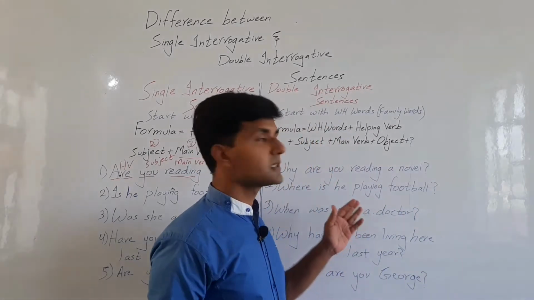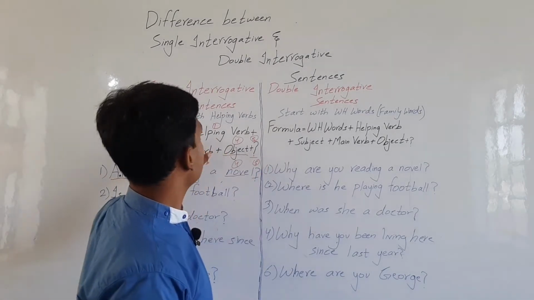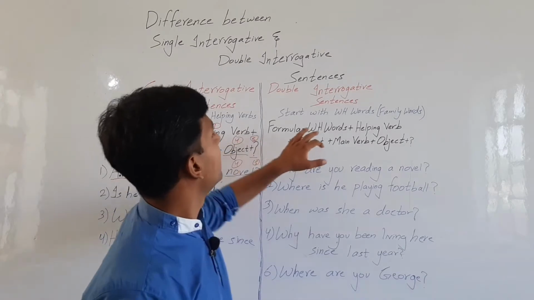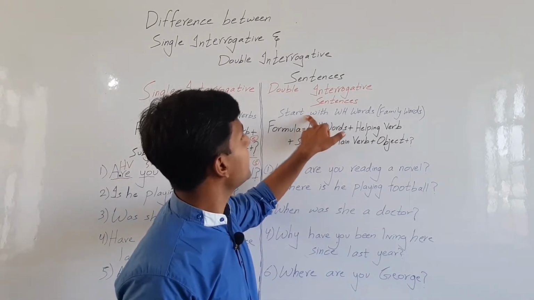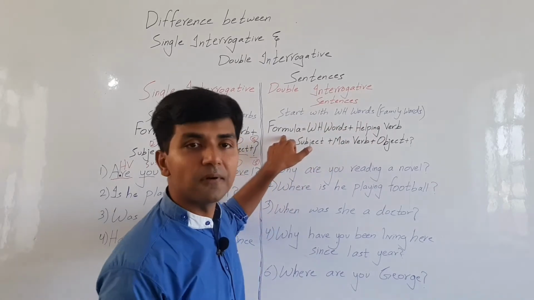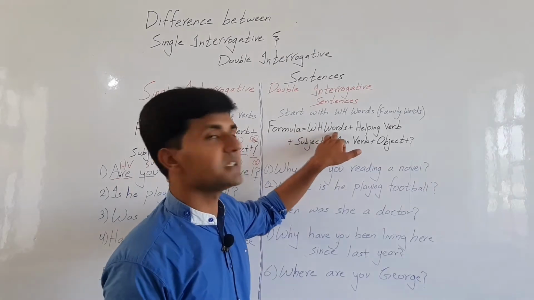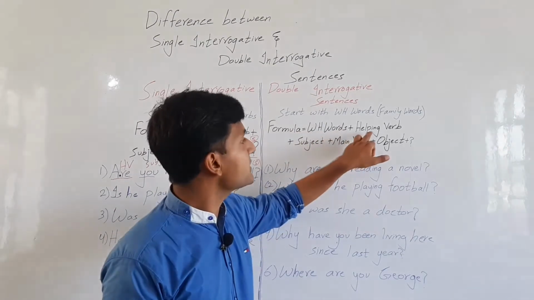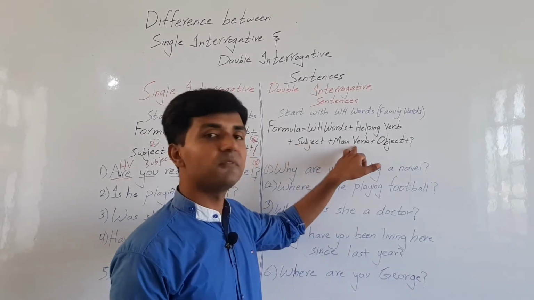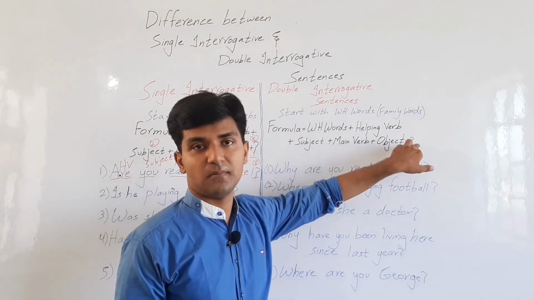As I have already told you, single interrogative sentences start with helping verbs, while double interrogative sentences start with WH words. So this is the formula of double interrogative sentences. WH word is at first number, at second number the helping verb, at third number the subject, at fourth the main verb, at fifth the object, and at last there is a question mark.